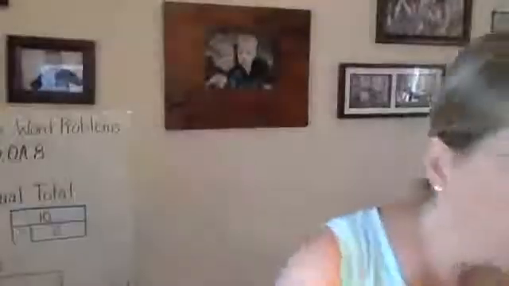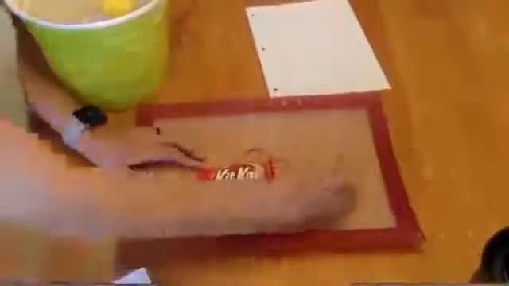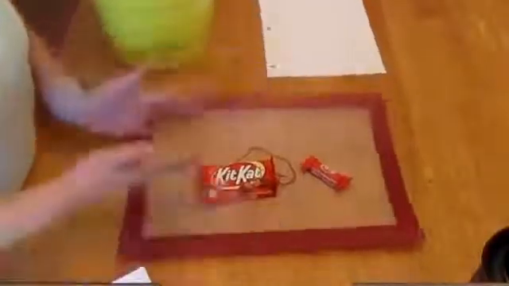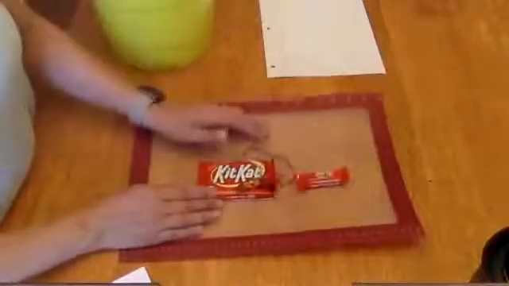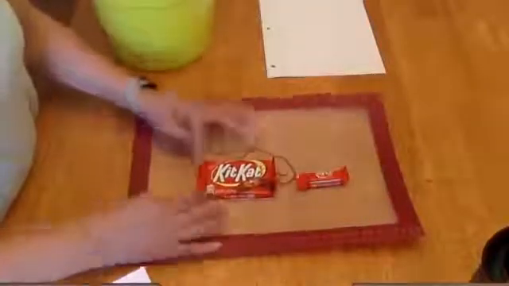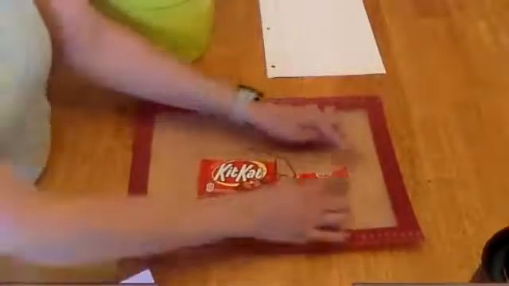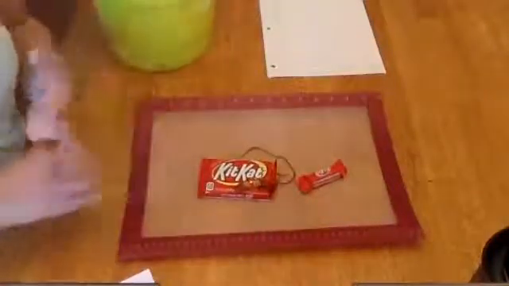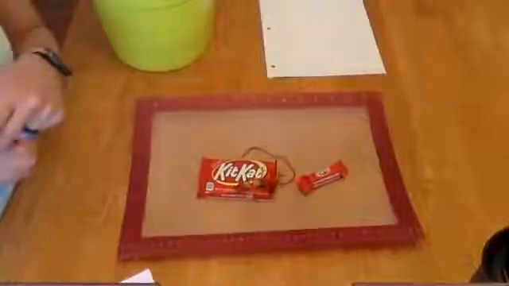Okay? So we're going to start with our Kit Kat bars. And we did this in 1st grade, so in 2nd grade you just build onto this. So we partition, these are actually rectangles, and we know they're rectangles because of our work in kindergarten and 1st grade with shapes and their attributes.